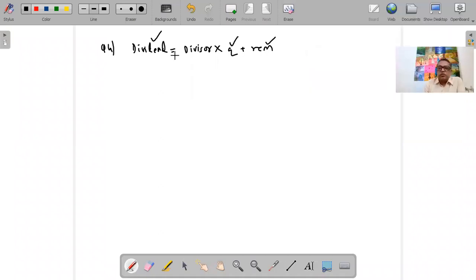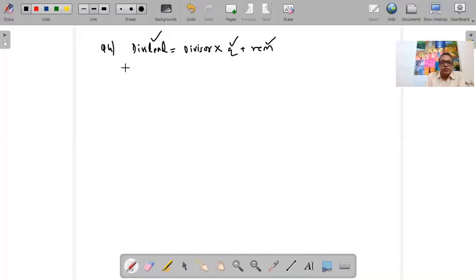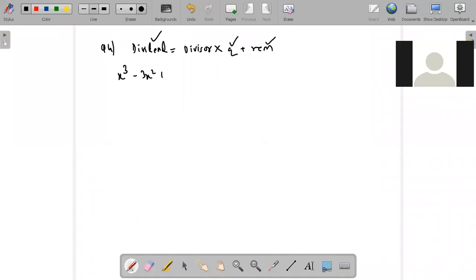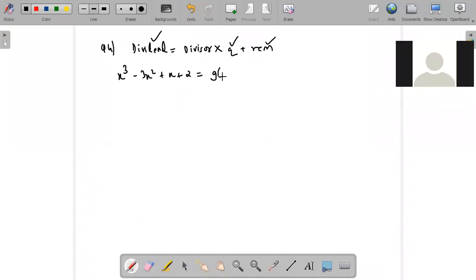Dividend is divisor into quotient plus remainder. In the question, the dividend is x cube minus 3x square plus x plus 2, so I substitute that. The divisor is represented by g(x).